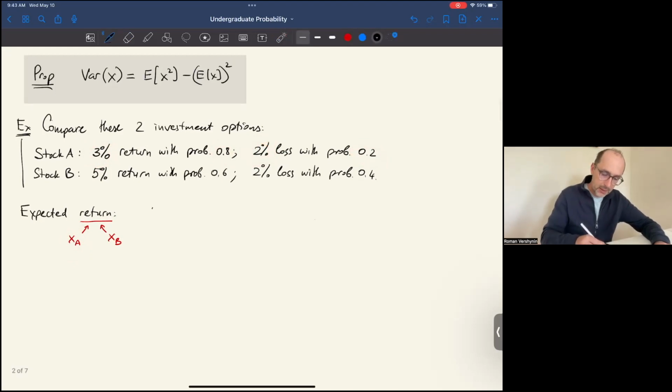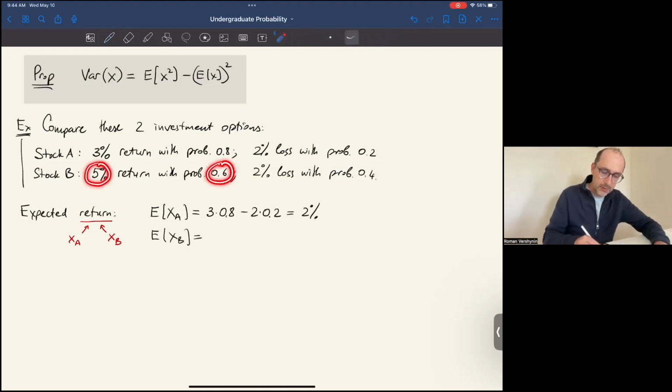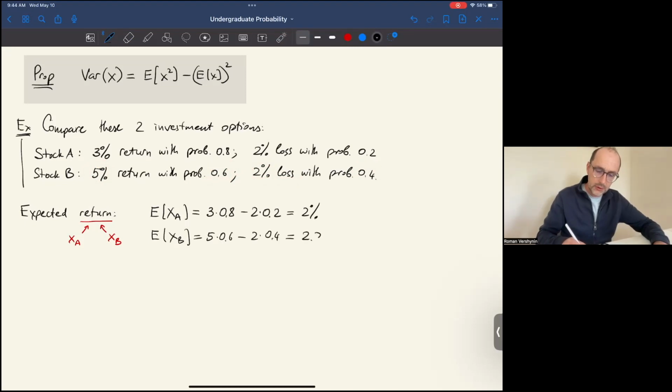So to compute the expected value, we multiply the value times probability, another value times probability, and sum. And we get 2%. Similarly, for stock B, we multiply this value, 5, by this probability, then this value minus 2 because of the loss with this probability, and sum. And we get 2.2%. So we expect stock B to yield slightly better return than stock A.